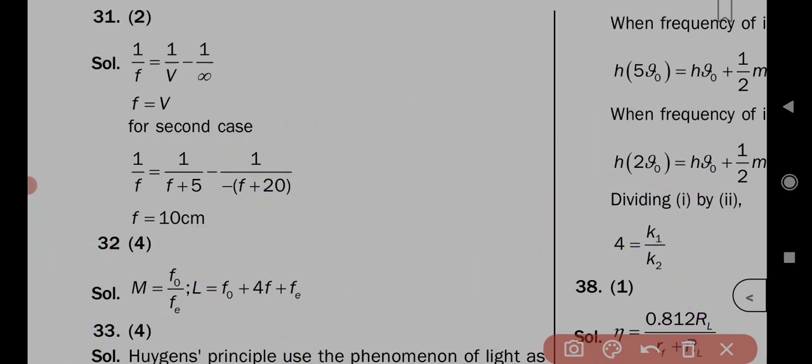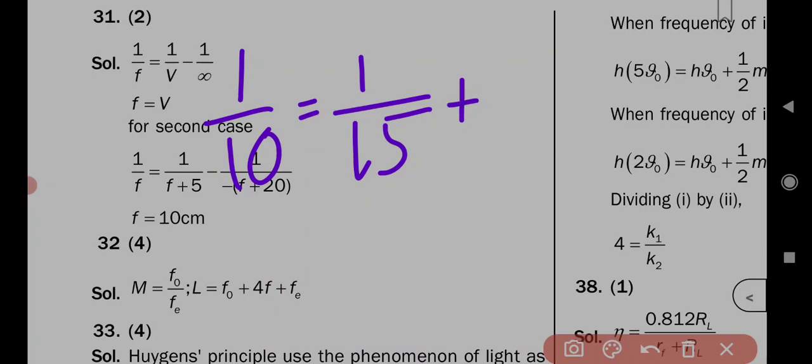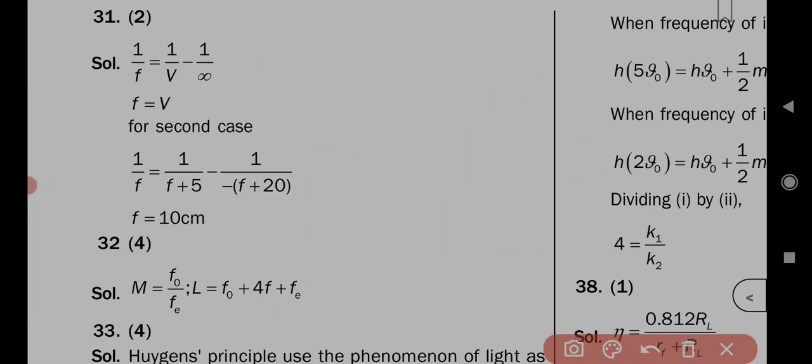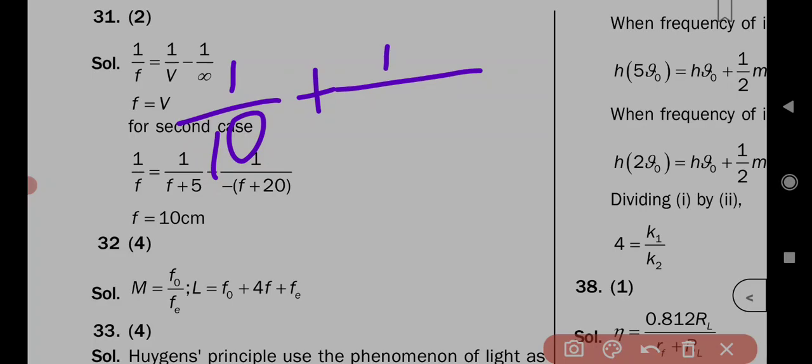How it is possible? Let's try with 10. 10 is equal to, this should be equal to this, 15 plus, okay, 10 plus 20, 30. 2 plus 1, 3. 10. So this is the correct one. In the previous one, what we were doing, 10 plus 5 plus 25. We took LCM wrong, I think.